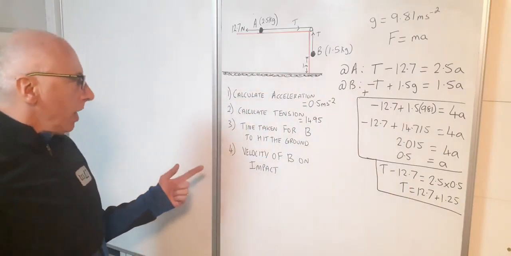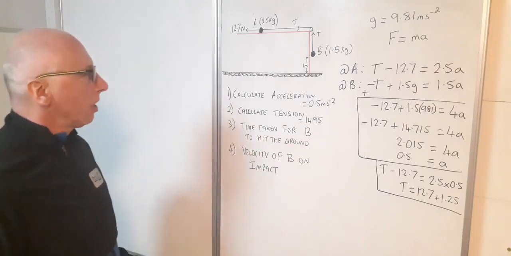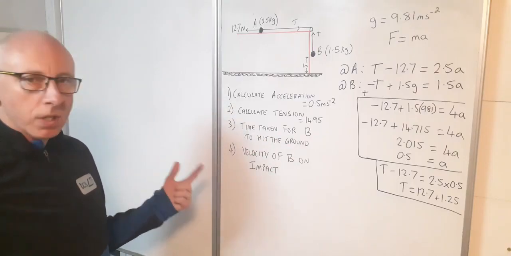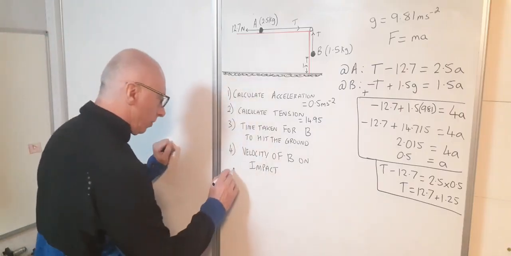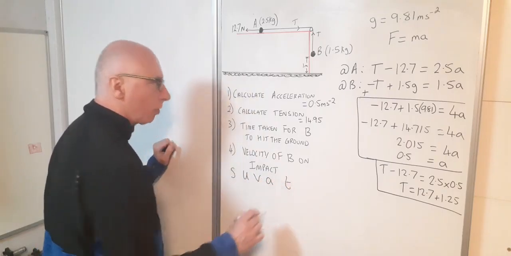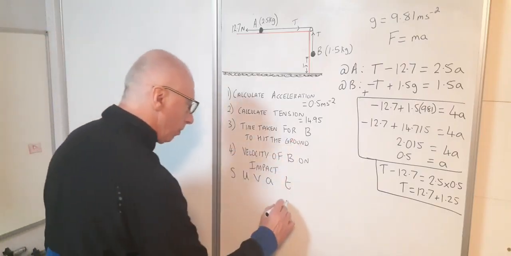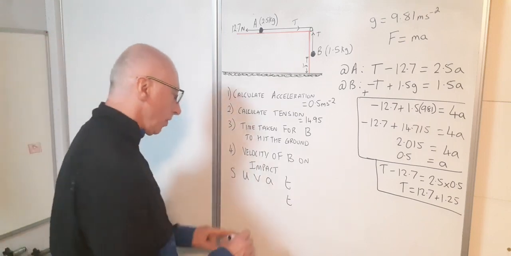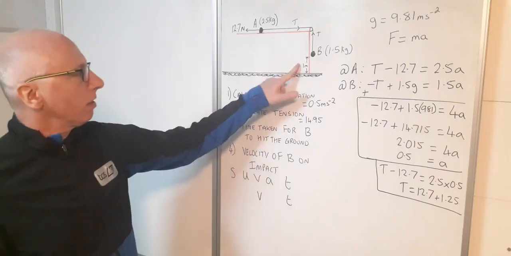Now what's left? We need to find the time taken for B to hit the ground. Here we need one of our SUVAT equations. Let's write down which values we've got and which ones we need to find. The time taken to hit the ground, so we do need t. We need to find the velocity v. s is our distance, which is 1 metre.